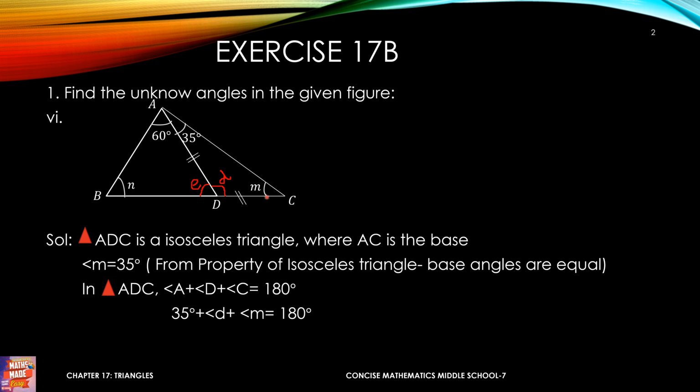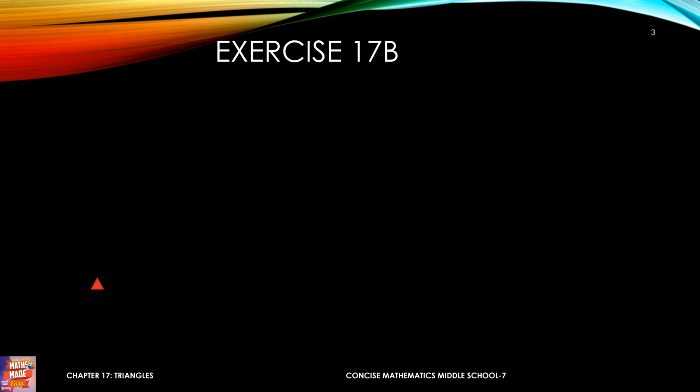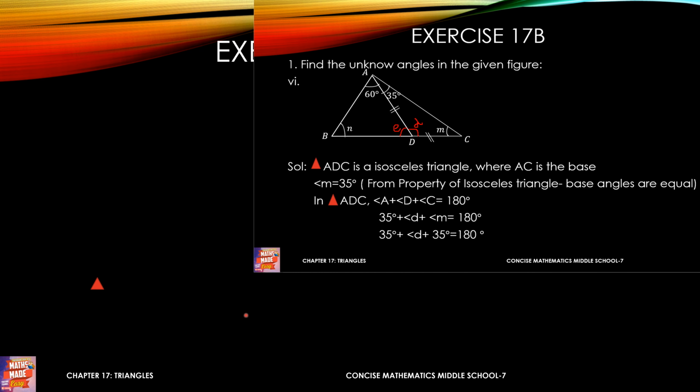M. So angle A plus D plus M is equal to 180. We know M is also 35. We got it from the property, right? So 35 plus angle D plus 35 is equal to 180. Now 35 plus 35 will be 70, plus angle D is equal to 180.